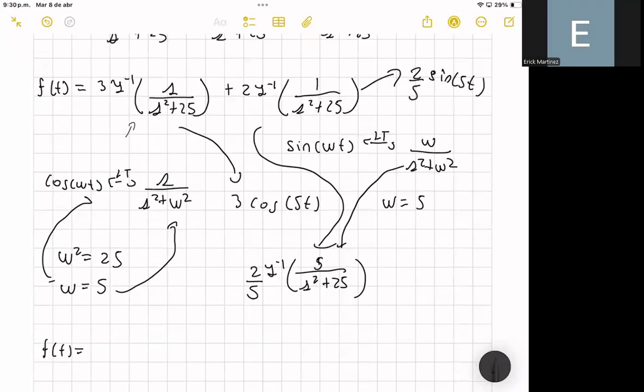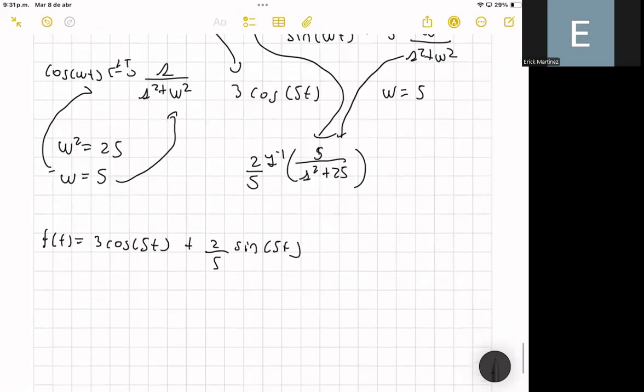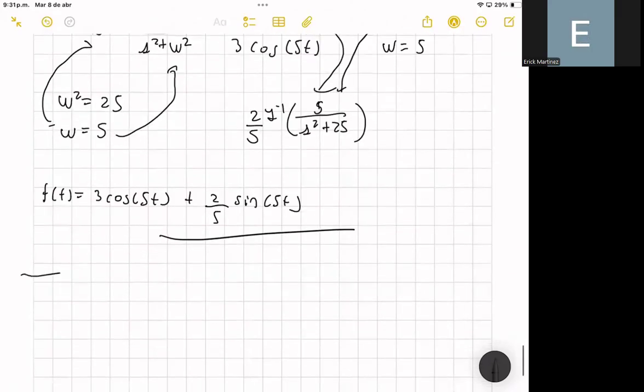We have 3 times the cosine of 5 times t plus 2 over 5 times the sine of 5 times t. So this is the result that we obtained. This is the way in which you can perform this type of analysis. So this is for computing the inverse Laplace transform.